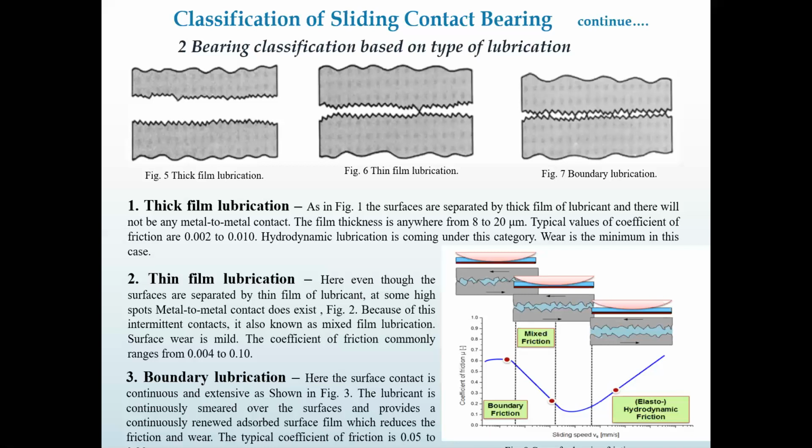Means whatever valleys or crests are generated, there is direct metal to metal contact. Otherwise, there is no contact over the rest of the surface. This is normally called mixed lubrication.